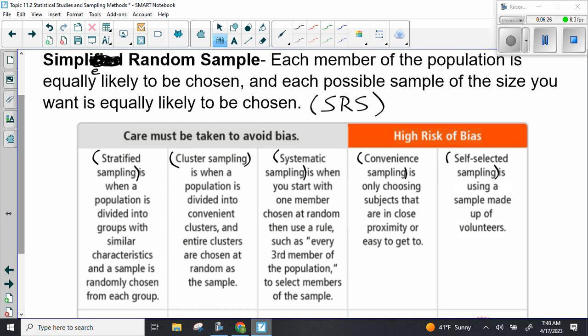This is normally called a voluntary response sample if you take stats in a college course. We have all of those definitions over here.